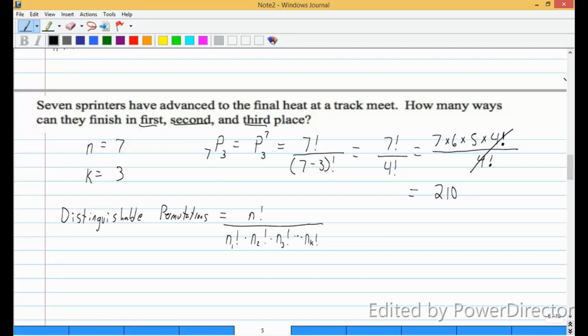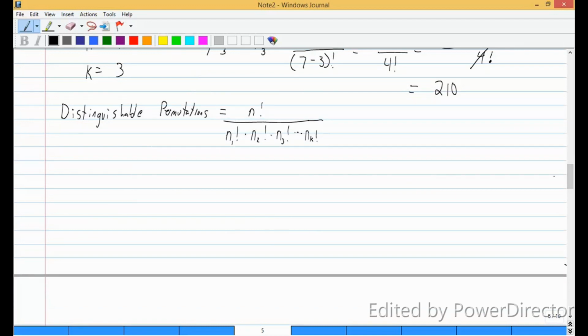But if we have objects that are the same, and you want to know how many ways you can arrange those objects, you say the total number of objects factorial divided by, anytime you repeat something, you divide it by that number factorial. So let's say, how many ways could we arrange the word, say, Mississippi?